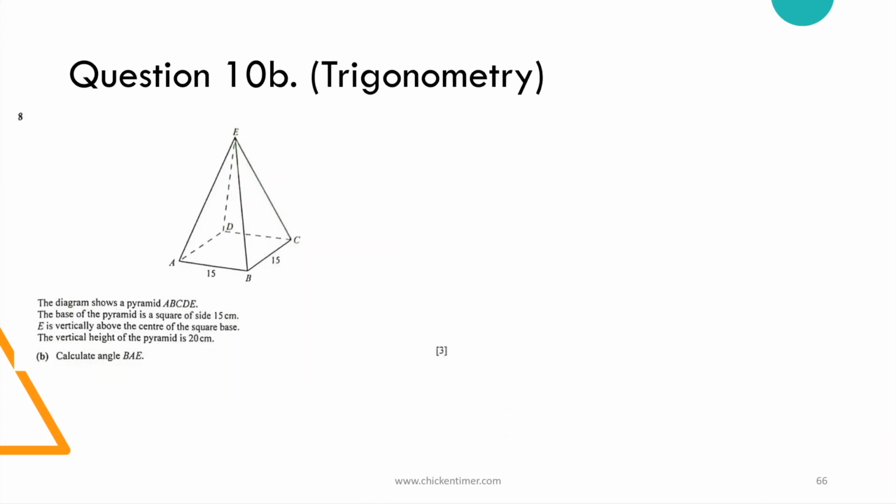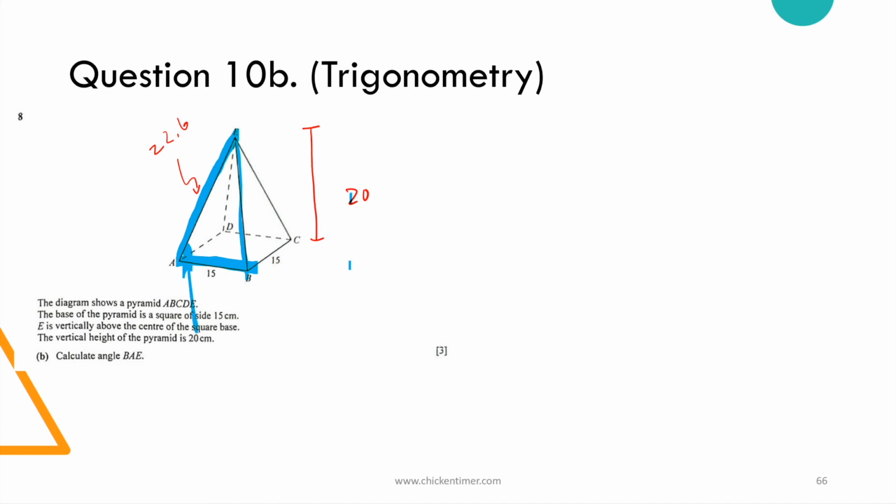So then the second part, we know that AE is 22.6 now, and this is 20. Then they say calculate BAE. So we will look for the triangle that involves what we want. We first have AE, so we want to use that AE. So I'll highlight the AE. Then we want BAE, that means we want this angle here.